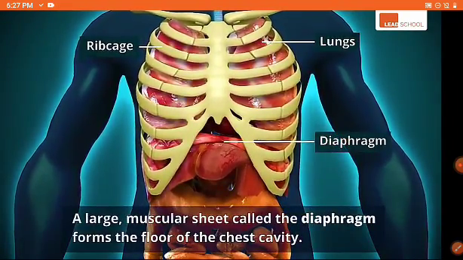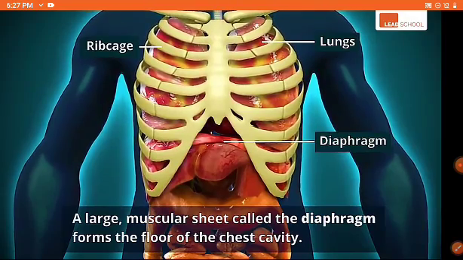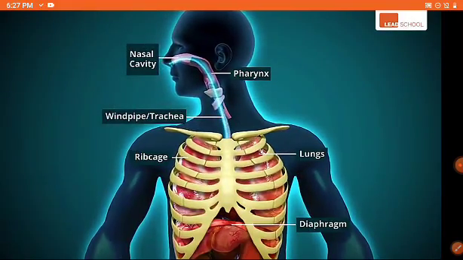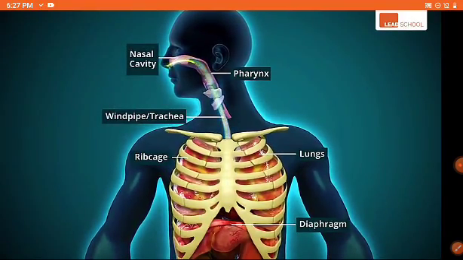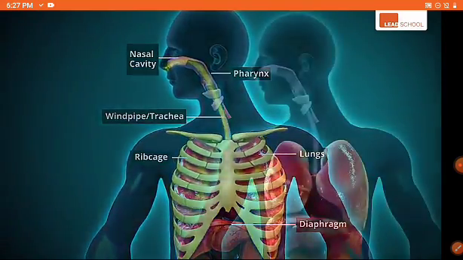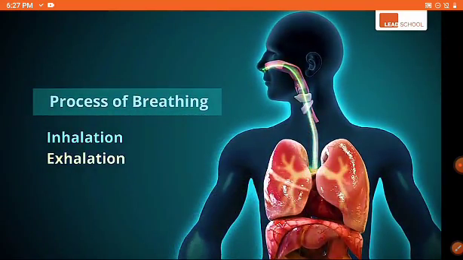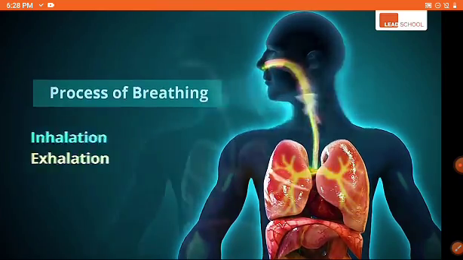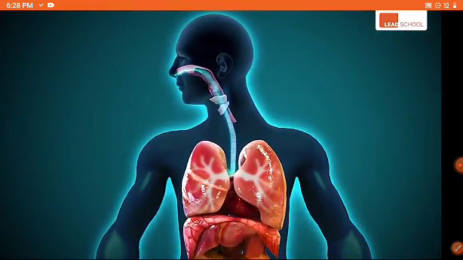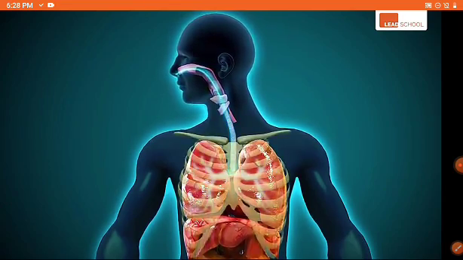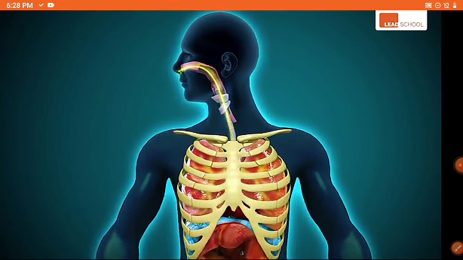A large muscular sheet called the diaphragm forms the floor of the chest cavity. Breathing involves the movement of the diaphragm and the rib cage. Let's see how these parts work together as a system to make breathing possible. The flow of air through the system is controlled by the muscles in the rib cage and the movement of the diaphragm.